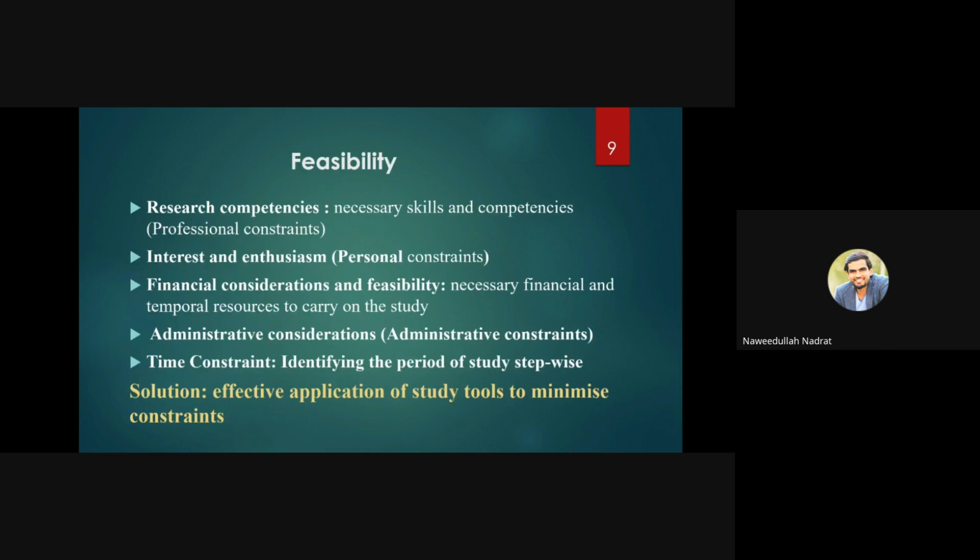Now, let's talk about feasibility in terms of practical problems. These are very important issues. That is why we are taking time to understand it. For example, research competencies.